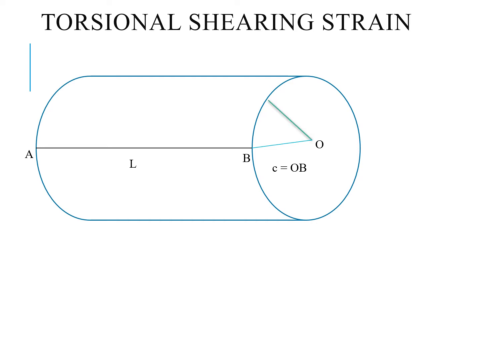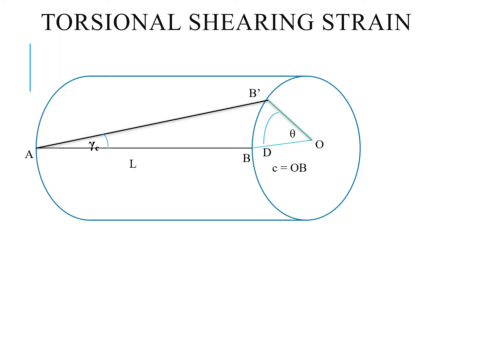When we apply some torque T, point B moves to B dash, as it is free and A is fixed. It moves through an angle theta, which is the angle of twist, and when we connect the line A to B dash, it makes an angle which is the maximum shear strain, called gamma C.